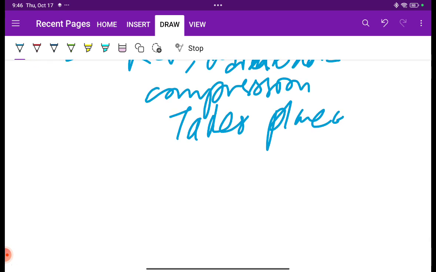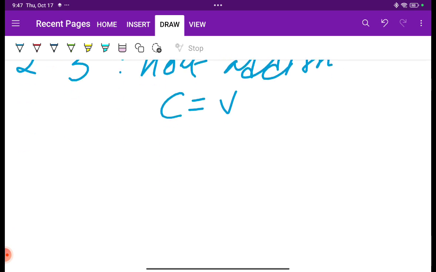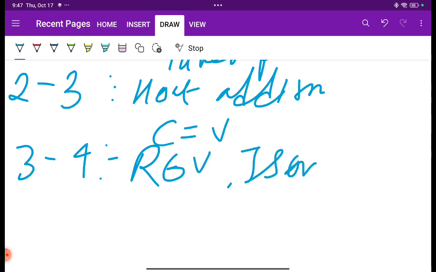And from 2 to 3, heat addition at constant volume. And from 3 to 4, reversible. We can write adiabatic as isentropic process as well. Isentropic expansion.